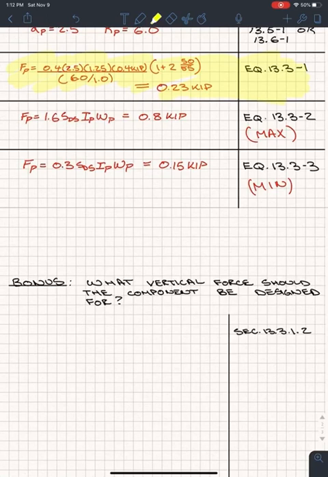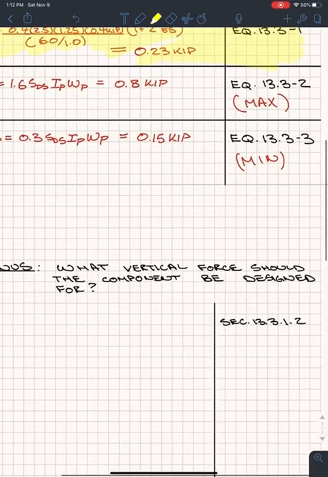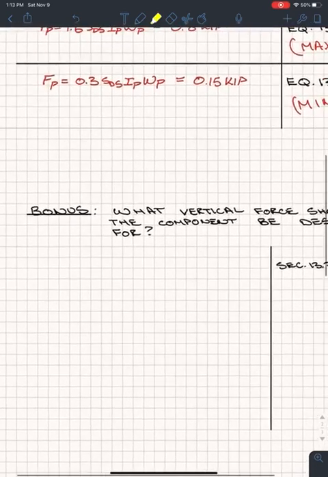So if you reference section 13.3.1.2, much like in chapter 12, where you're given a vertical seismic design force that you typically add on to the dead load in your load combinations, you've got the same thing here, where section 13.3.1.2 lets you know that you need to include a 0.2 SDS, plus or minus W sub P, or the seismic weight. So what vertical force should the component be designed for?